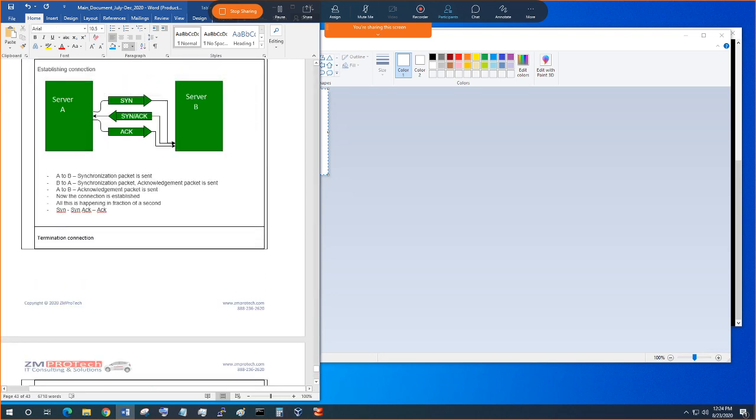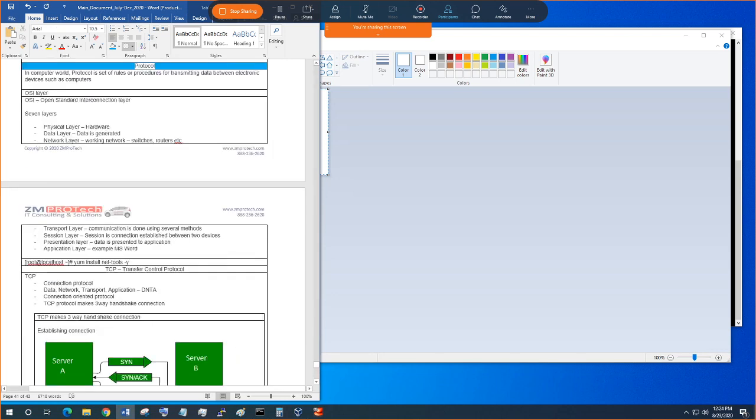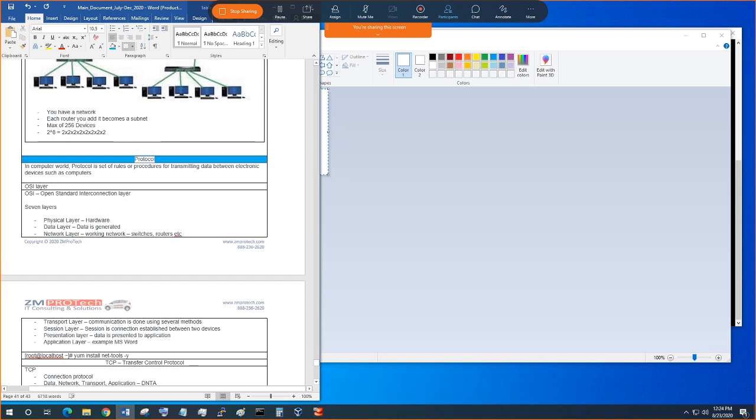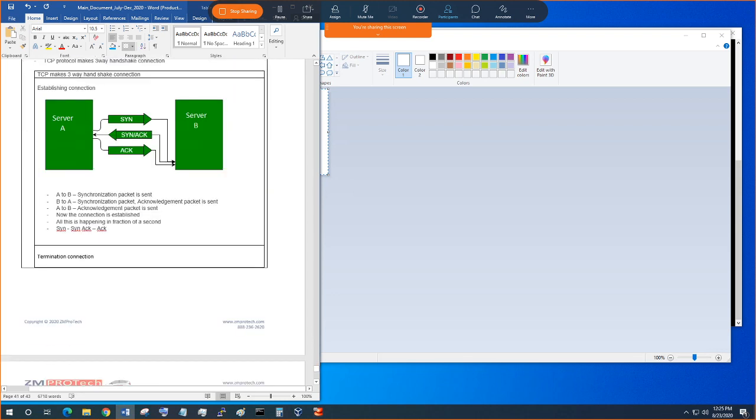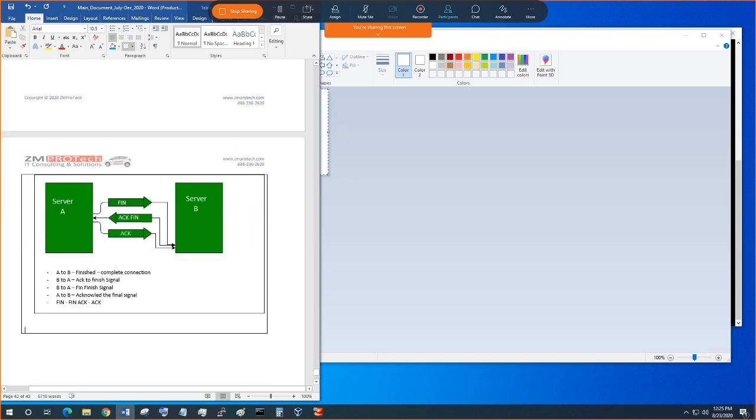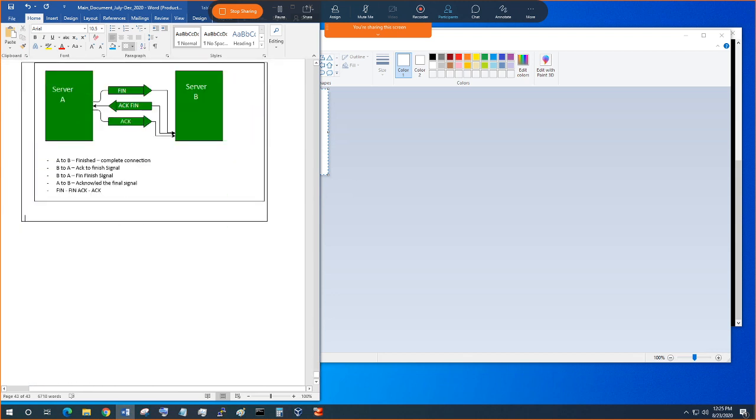So let's see here. I'm going to make a note here that SSH is using the TCP connection.